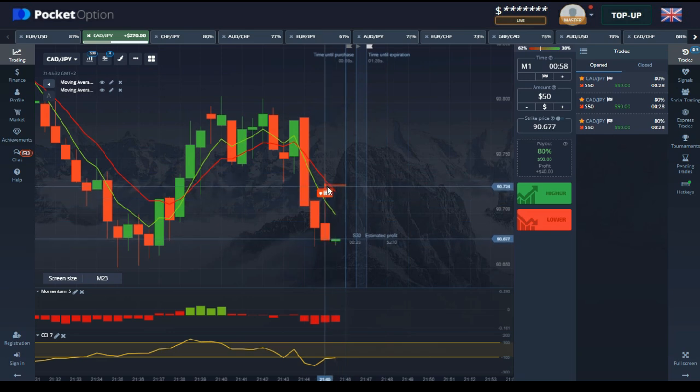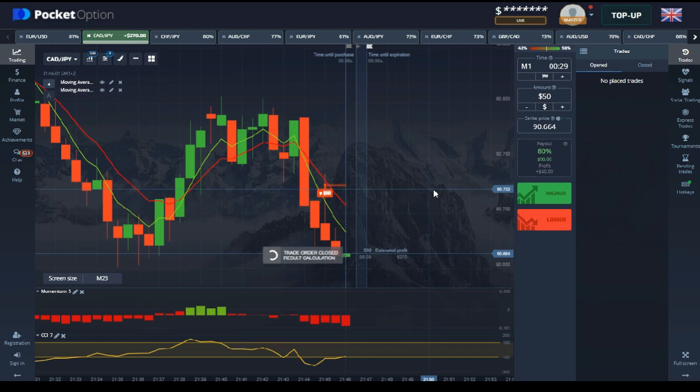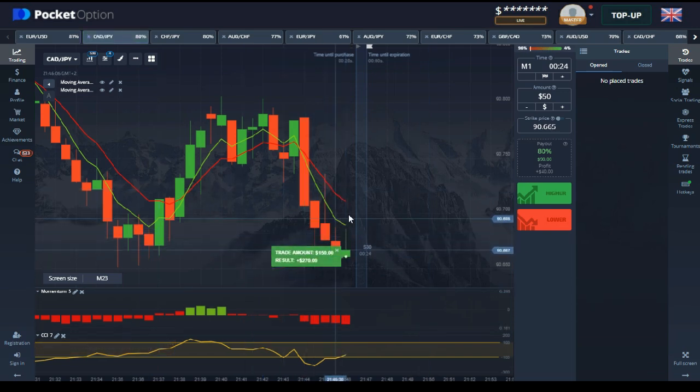That's why I catch the candle's shadow for a confirmed win. Let's see, there is a clear win.